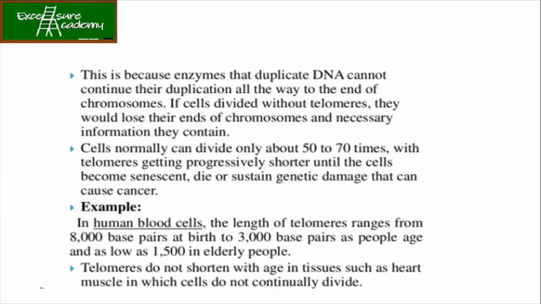Telomeres do not shorten with age in tissues such as heart muscle, in which cells do not continuously divide. So we know that the heart cells are not dividing, and that's why their telomeres are not getting shortened. These are a few things you need to remember, because questions are framed based on these sentences only.